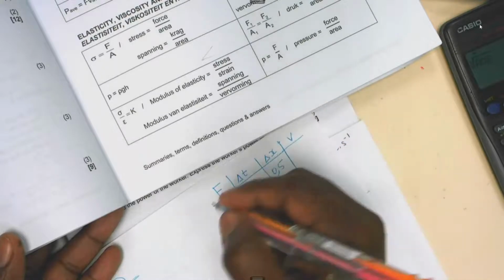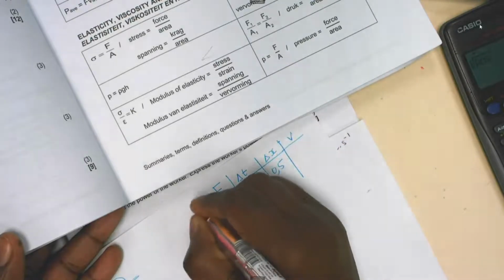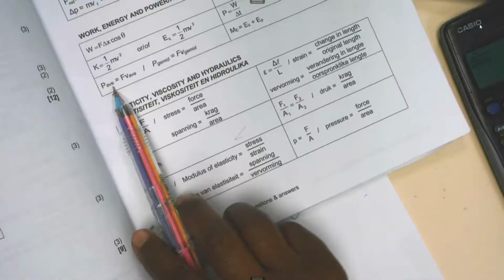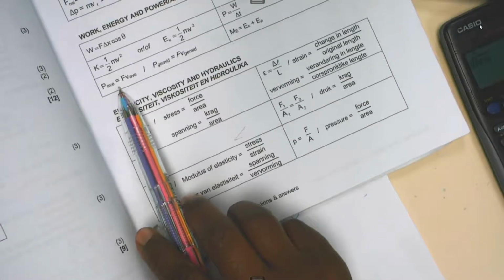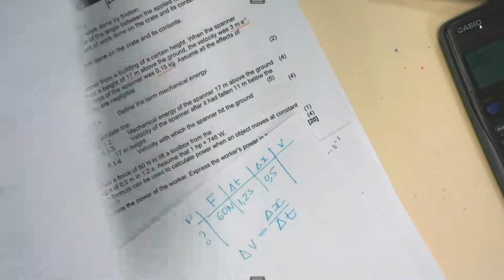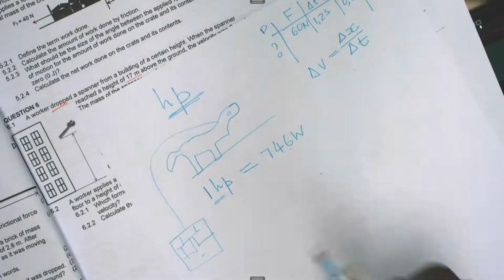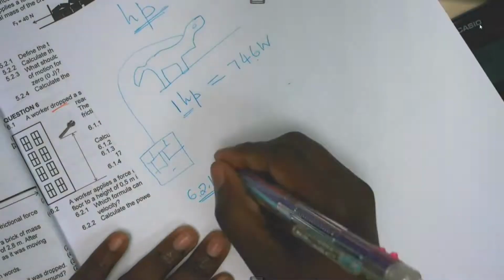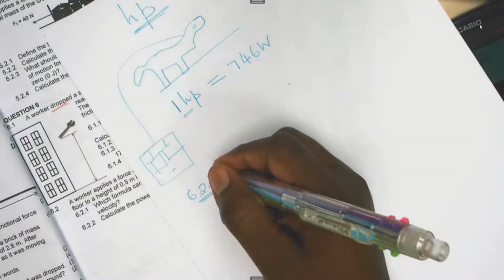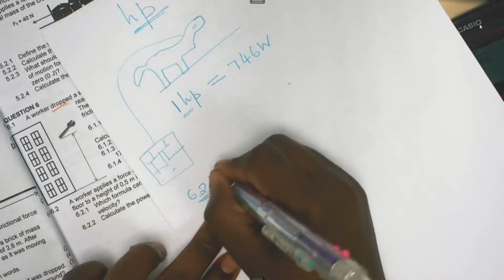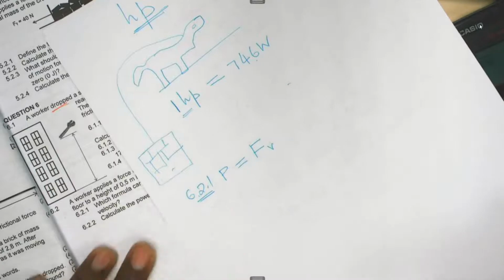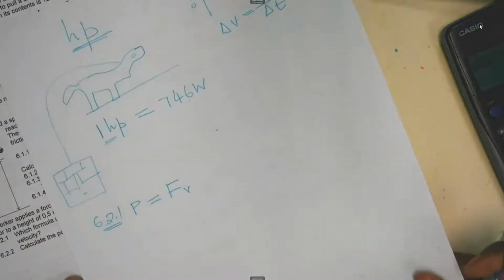Therefore, to calculate power, this formula would be the most relevant formula to use. So 6.2.1 will give us the formula P is equal to FV. P is equal to FV.